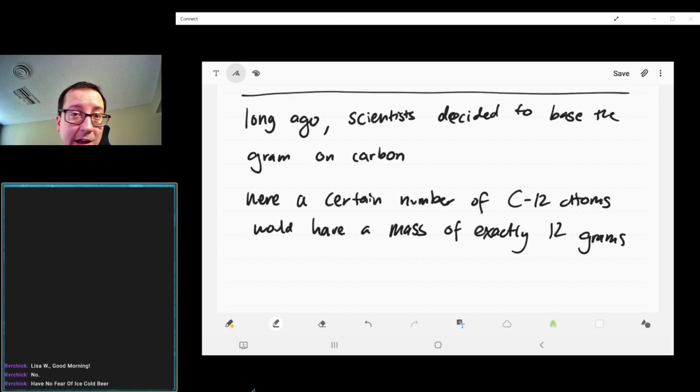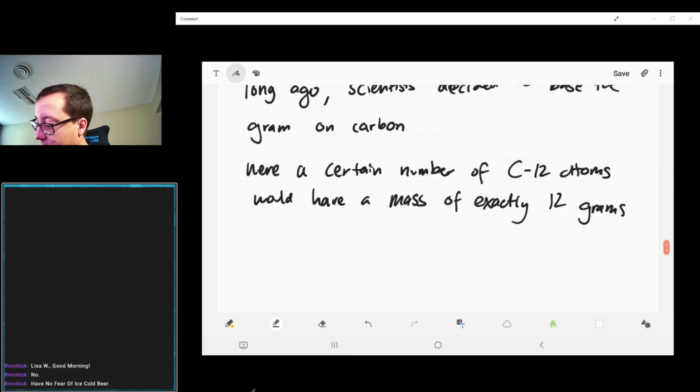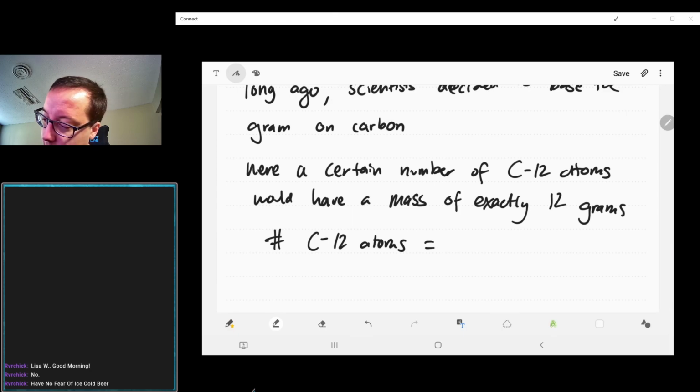So standardizing the gram based on the number of atoms in a sample. Since the number of atoms in a sample is something you can easily, well, not easily, but they can theoretically define for us. So we have some number of carbon-12 atoms is going to be 12 grams.